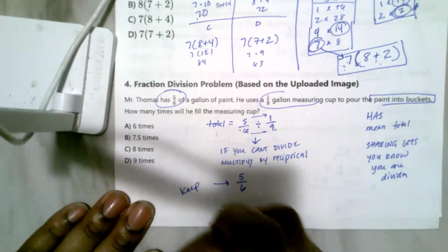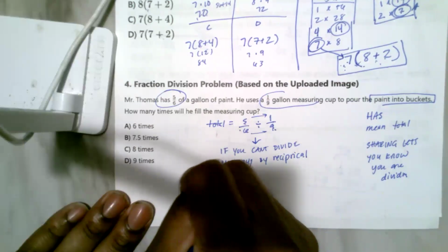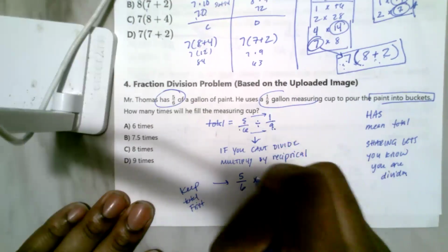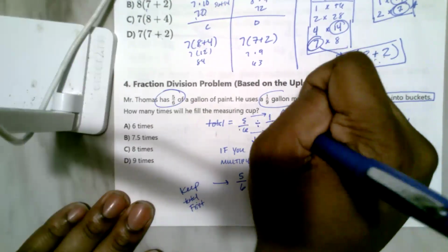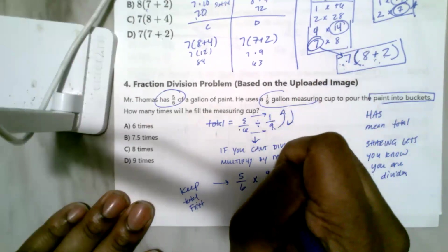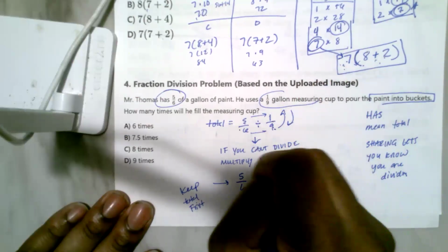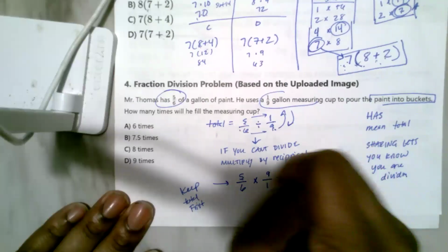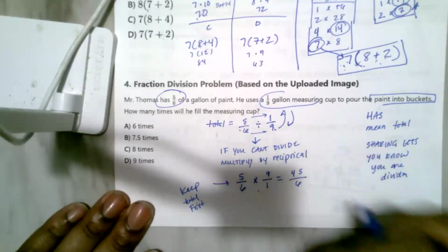I noticed that some students make that mistake. Then multiply by the reciprocal, which is the opposite, 9 over 1. 5 times 9 is 45. 6 times 1 is 6.